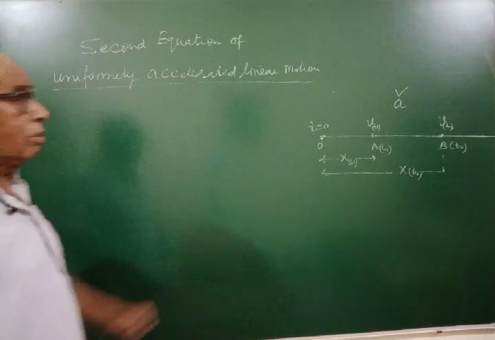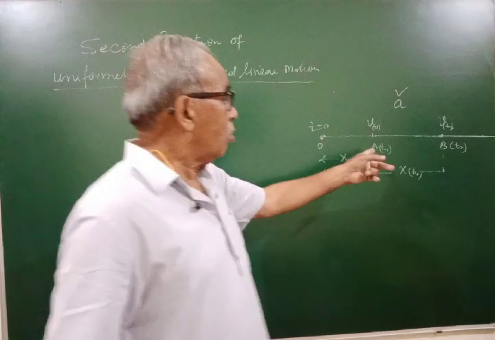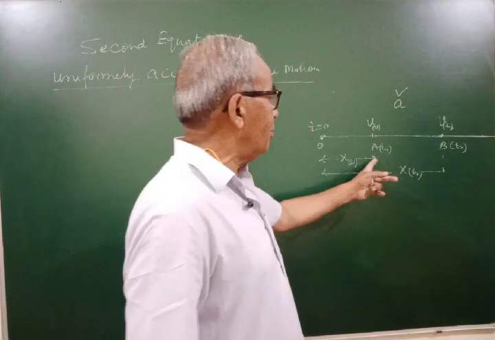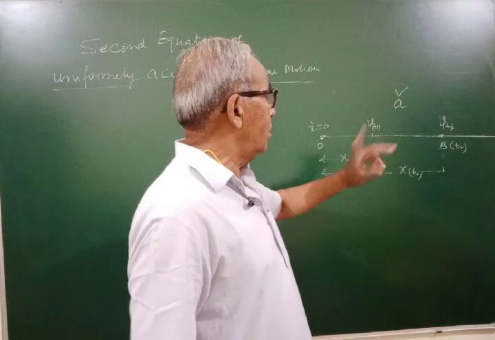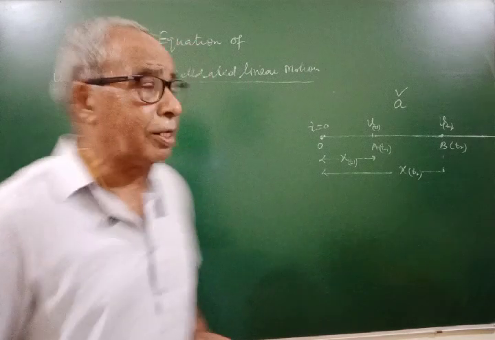You can describe it: at time t equal to 0, the body starts from point O, goes to points A and B respectively at times t1, t2, and the velocities at points A and B are vt1, vt2, and there is constant acceleration.